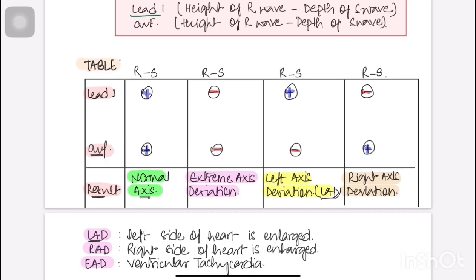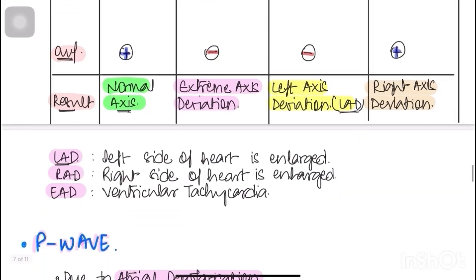But if R minus S is negative in both the leads, that means it is extreme axis deviation. If R minus S is positive in lead 1 and negative in AVF, then that means it is left axis deviation. If R minus S is negative in lead 1 and positive in AVF, then it is right axis deviation.